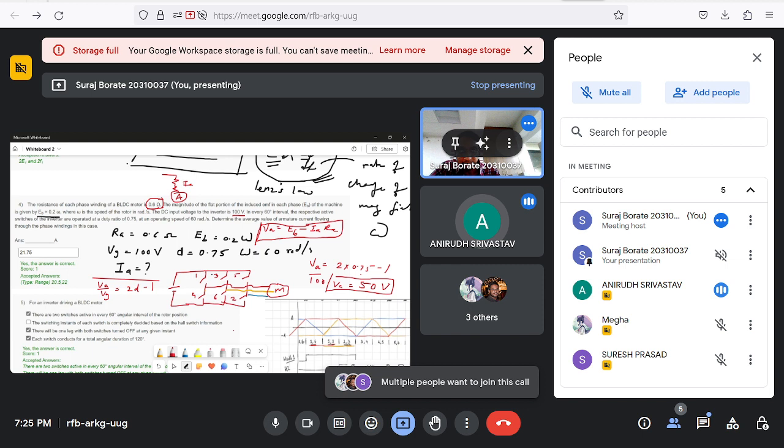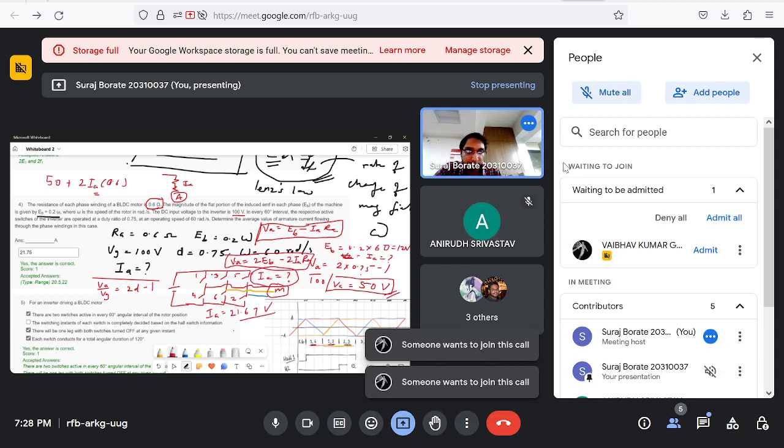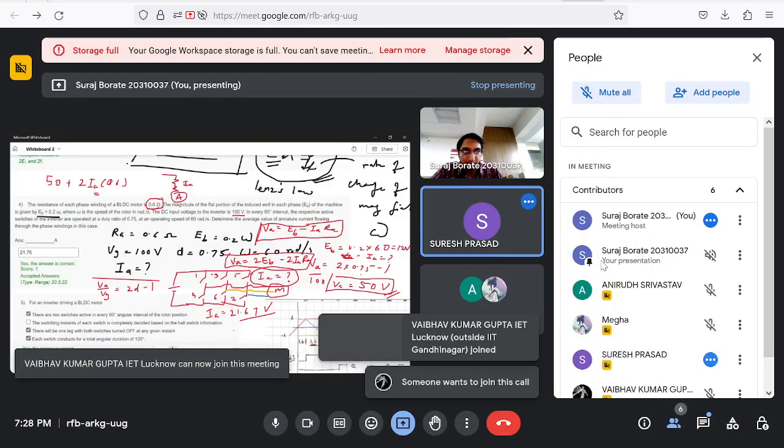So what about others? What do you think? It is minus or plus? Sir, it should be minus. VA is equal to, because EB is the whole voltage and VA is the actual voltage, so the internal resistance drop we should neglect. So it should be minus. Why? Because EB is the back EMF, right?